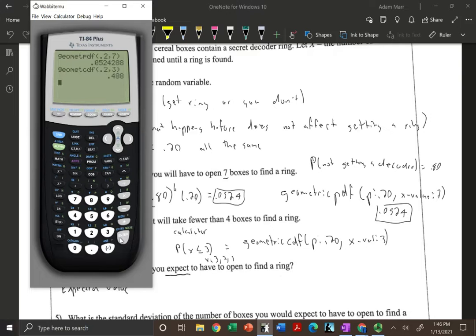So yes, 0.20, and the X value is 3, geometric CDF, and you get 0.488. Let me just check this again to make sure, because I got something different before. Geometric CDF, yeah, 0.20 is the probability, the X value is 3. No, that's it. All right, so it ends up being 0.488.